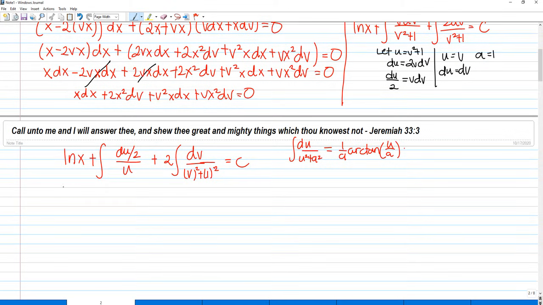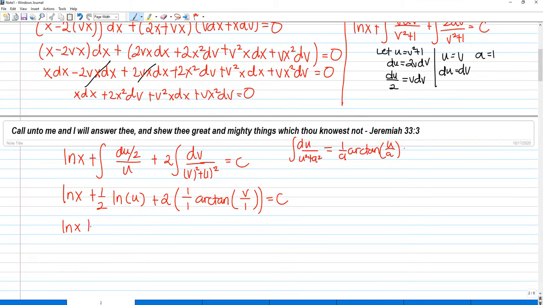So we have ln of x. We can factor out 1/2, so that would be plus 1/2 times the integral of du over u, that is ln of u, plus 2. This is very straightforward. Here is our formula: 1 over a, which is 1 over 1, times arctan of u, which is v over a, which is 1, equals c.